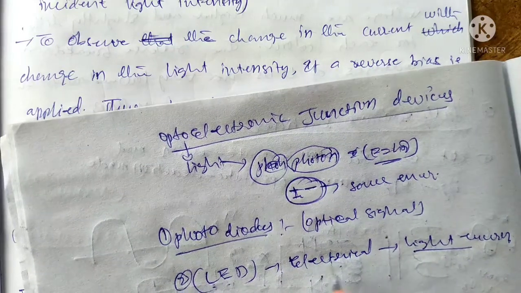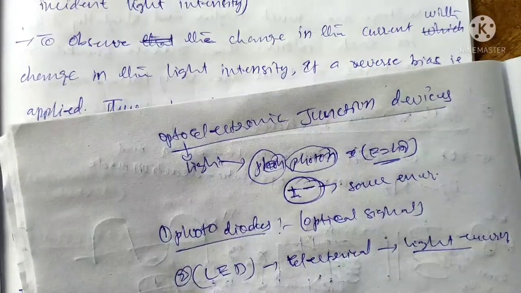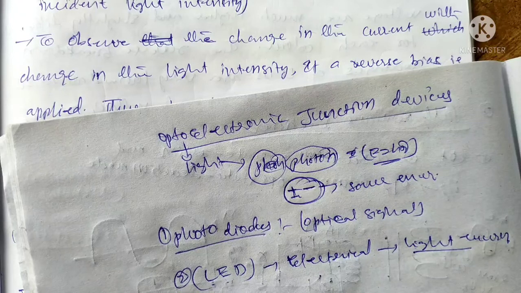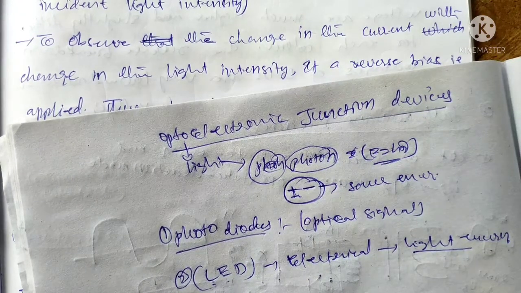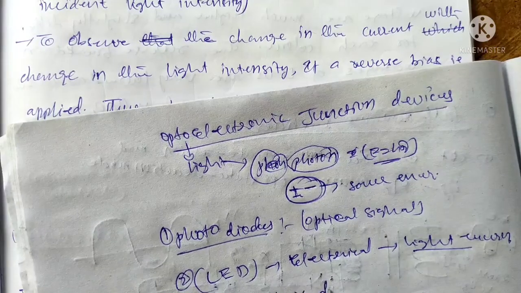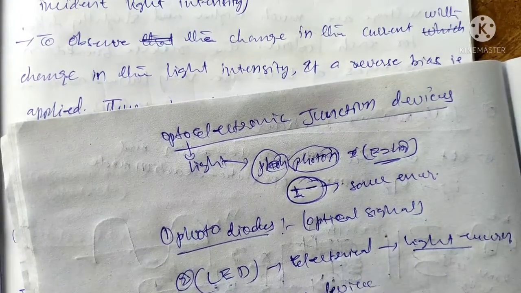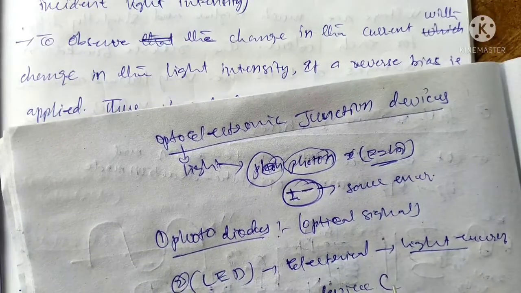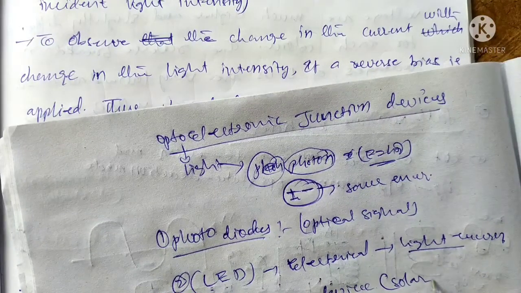Okay, now to explain further. Third is the photovoltaic cell. The other name of the photovoltaic cell, or photovoltaic device, is solar cell.